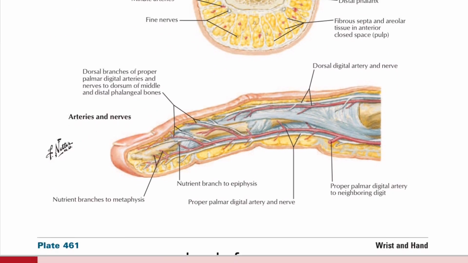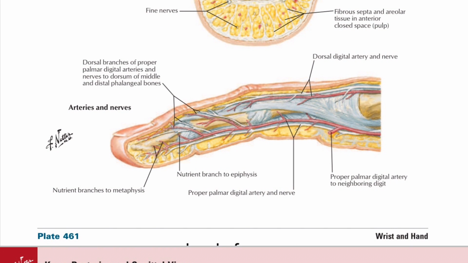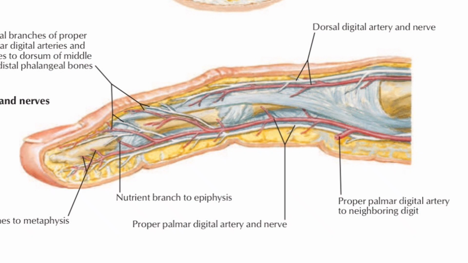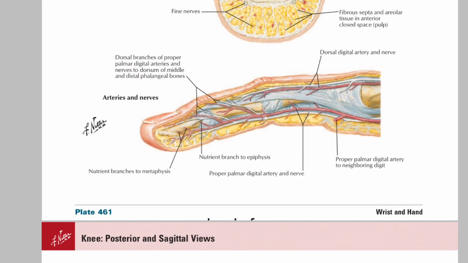Then here, the same thing, the synovial joint in our finger, but here we cannot see that joint. The reason is the joint is covered by the ligament, and they are also showing with red color the arteries and the nerves.